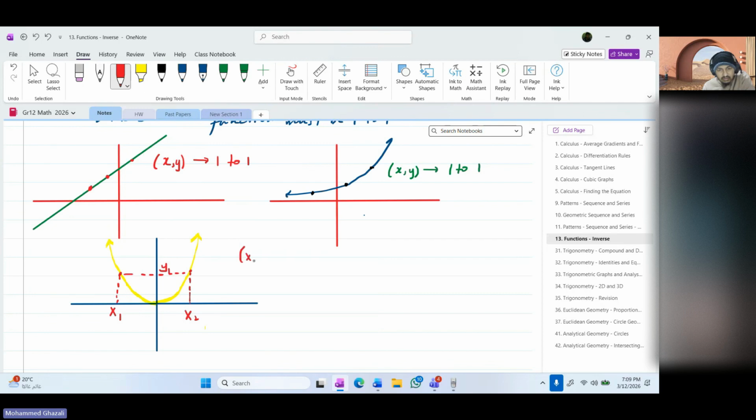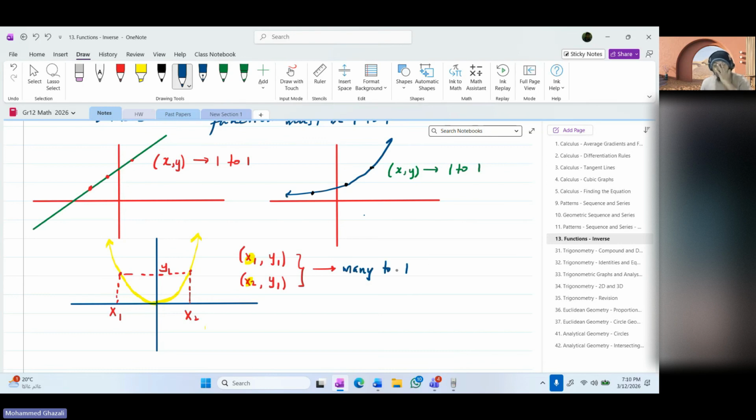So x1 results in y1 and x2 also results in y1. This type of function is many to one. There are many x values resulting in a single y value.